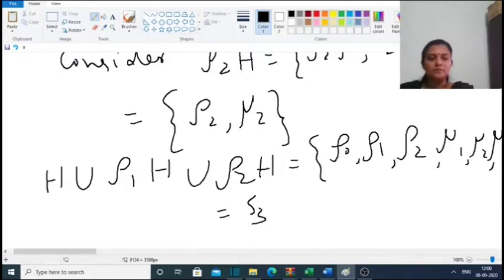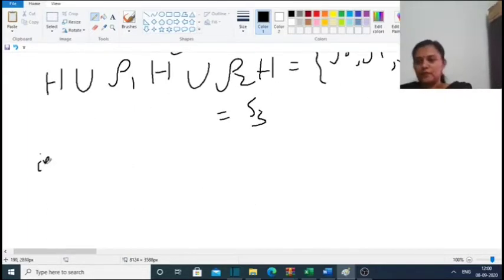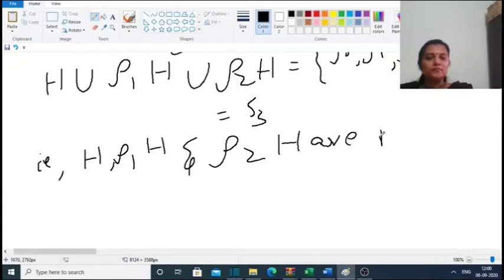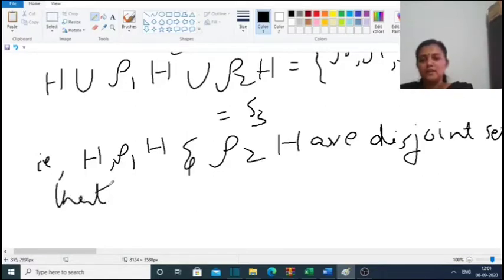That is, H, rho 1 H and rho 2 H are disjoint sets that partition S3.